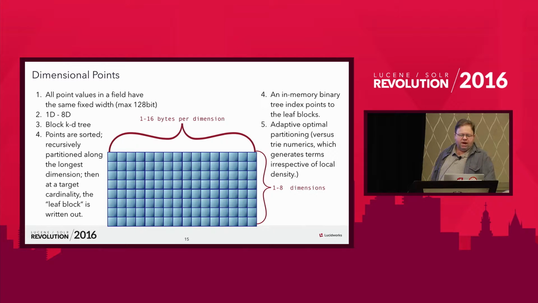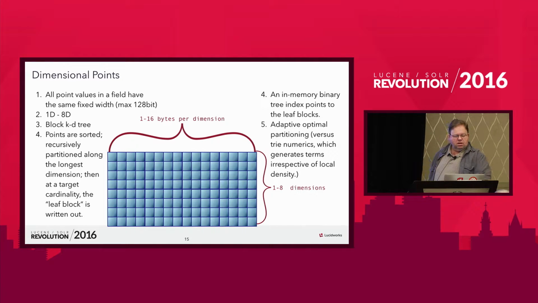Once you define a point for a field, all values of that point have to have the same fixed width. Similarly with the number of dimensions. The data structure used to represent this is called a block KD tree. In this disk format and algorithm, the points are sorted and recursively partitioned along the longest dimension.